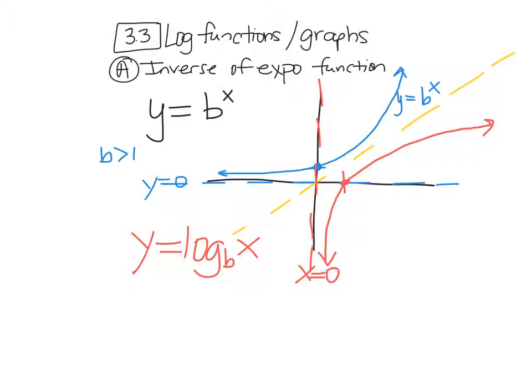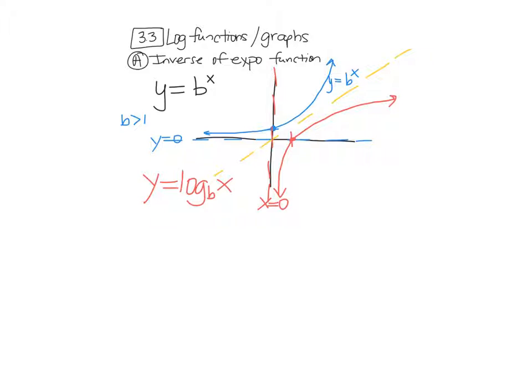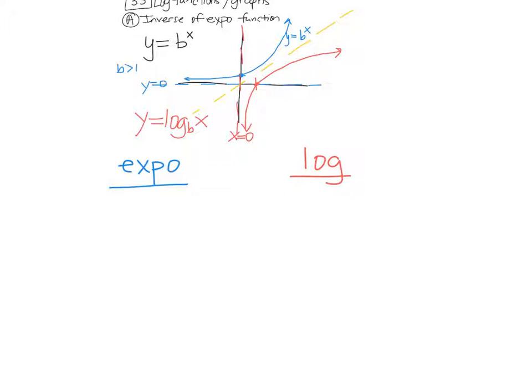So let's talk about each one of these and write down some information. Let's compare. I've got exponential functions and I've got log functions. Let's talk about these things for both of them: the domain, the range, asymptotes.